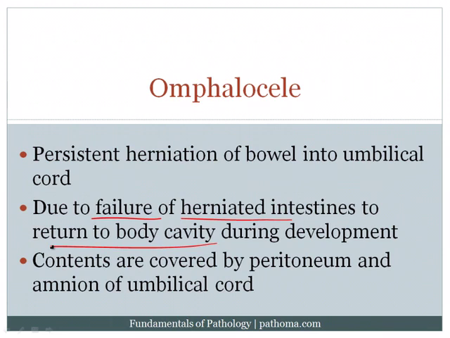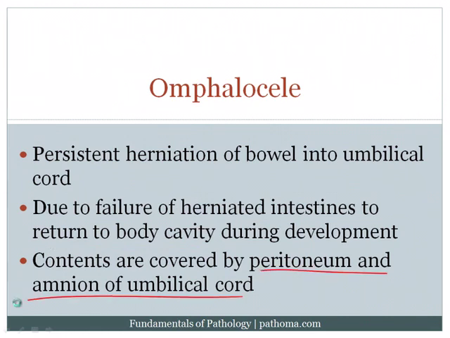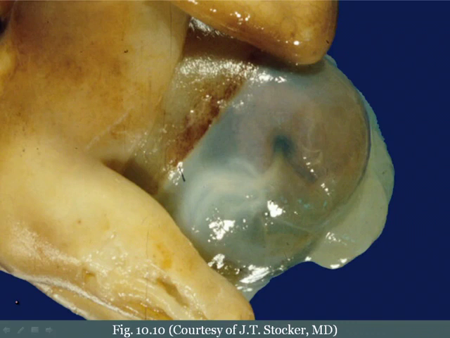Now interestingly, because you've got this herniation into the umbilical cord, you're going to see the contents of the abdomen. However, it's going to be covered by peritoneum and the amnion of the umbilical cord. So it looks like this. You see the abdominal contents, but they're present in a bubble. And of course, that bubble is the peritoneum and the amnion of the umbilical cord. So this is very important because it makes for a very clear distinction from gastroschisis.